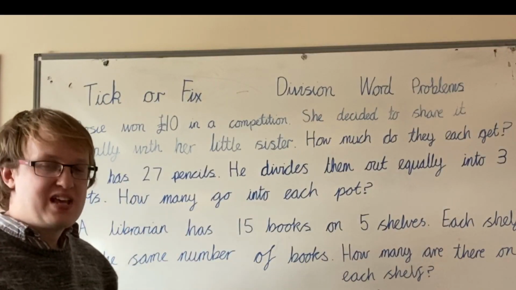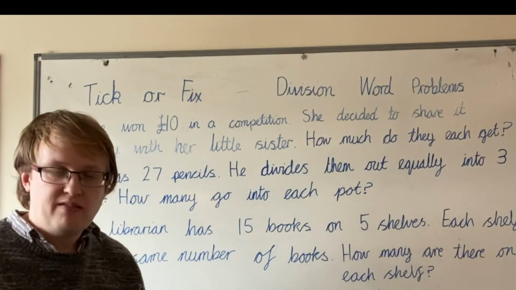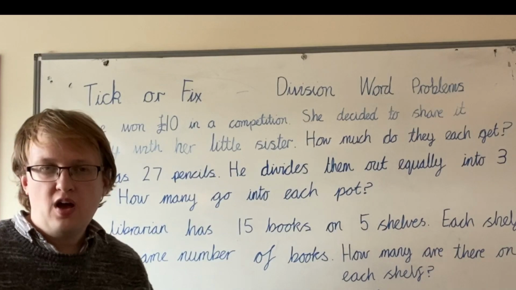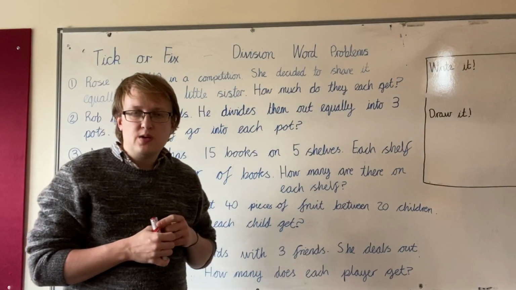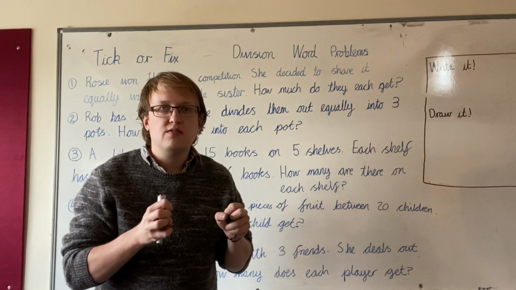Rosie won £10 in a competition. She decided to share it equally with her little sister. How much do they each get? Step 2 then, and extract the information from the question.